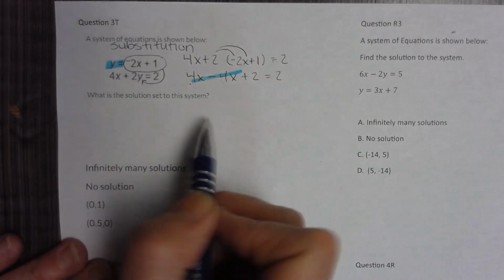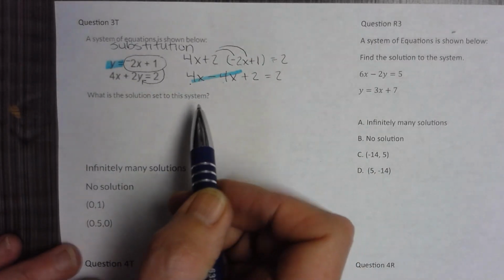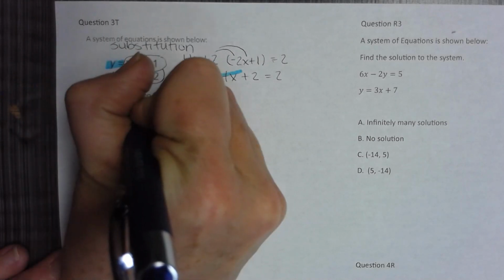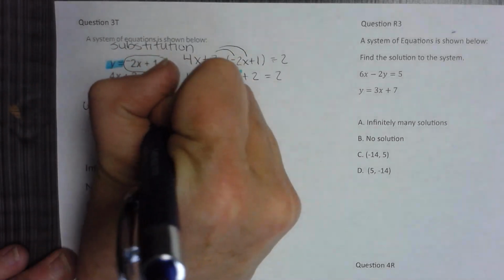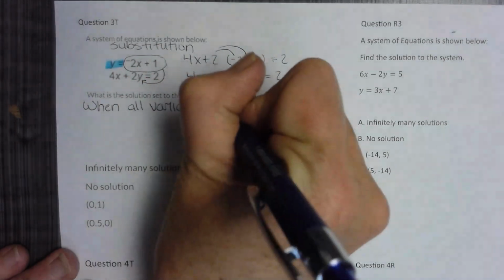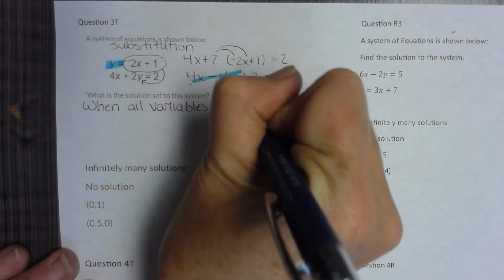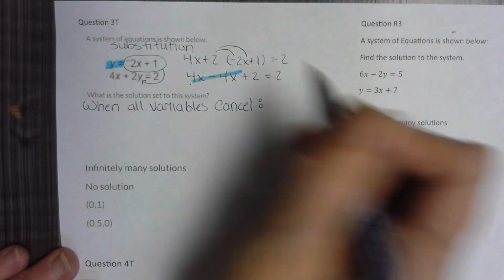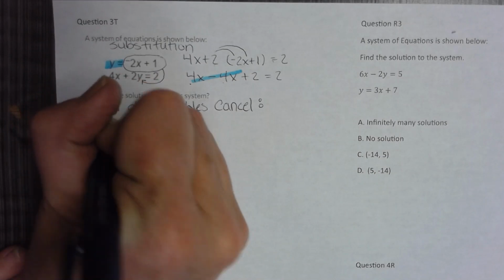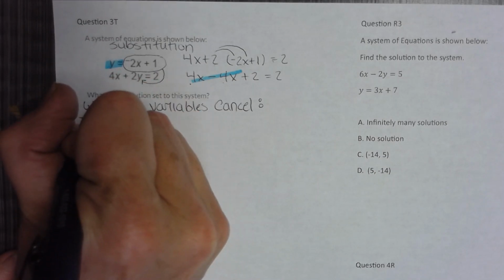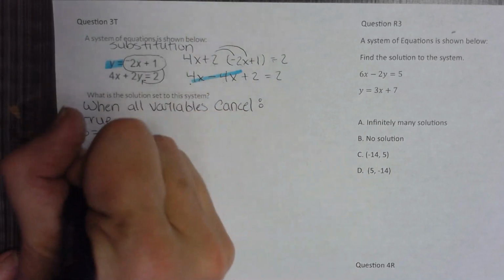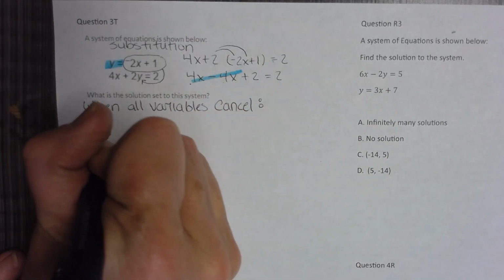Okay, we're going to take some notes on two options here. When all variables cancel, let's write this with me. We have two options. We've got the option of winding up with a true statement, which would be something like 0 equals 0. It could be something like 5 equals 5.